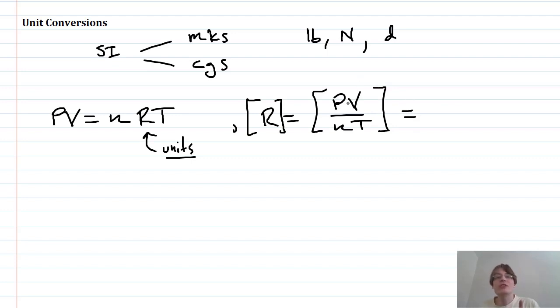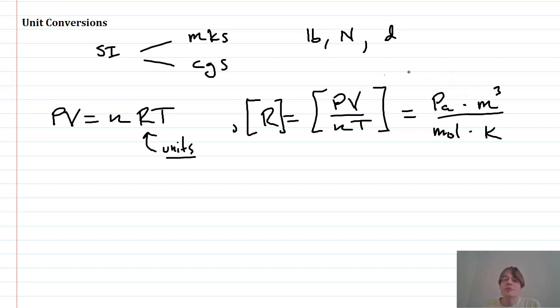Well, in standard units, P is pressure in pascals. And V is volume, that's cubic meters. And then n is the number of moles of gas. And T is the temperature on the Kelvin scale. Okay, so that's the units for the gas constant, at least in the standard system of units.